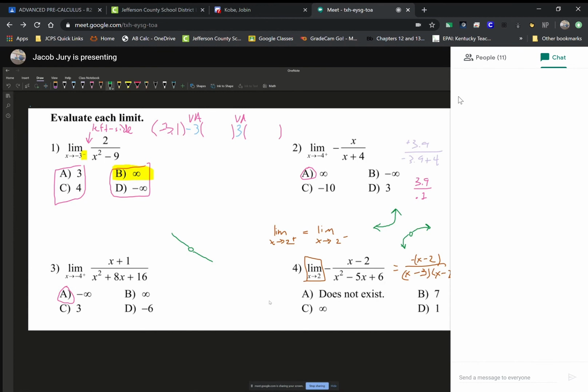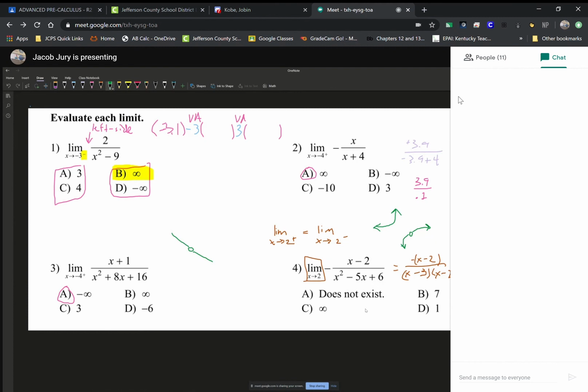Yeah, they do. So they don't spread apart like asymptotes do. So if we have a hole, then we actually have a limit, because the left side of the hole and the right side of the hole, x approaches 2 from the right and x approaches 2 from the left, they do equal each other at holes.